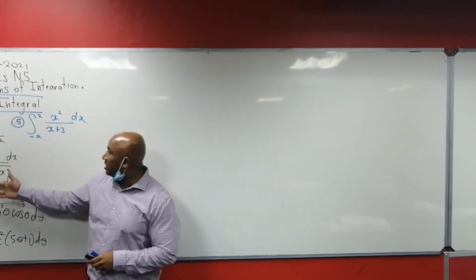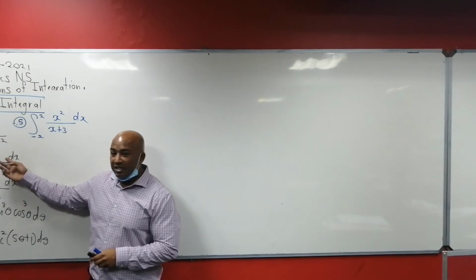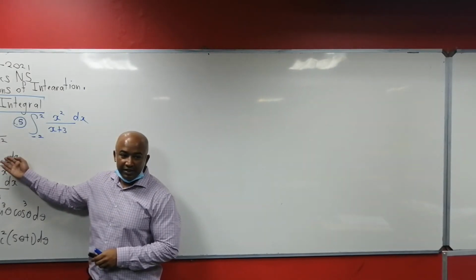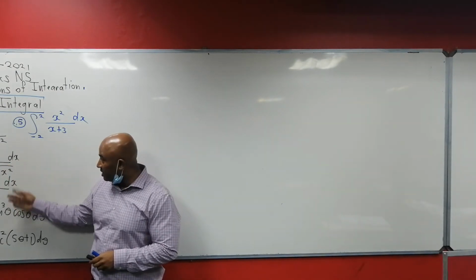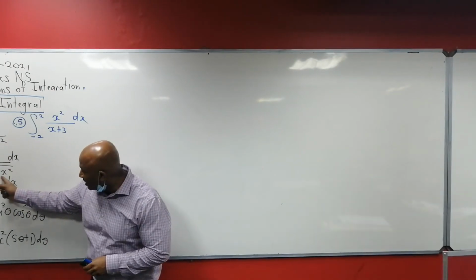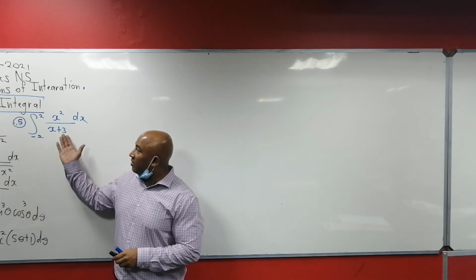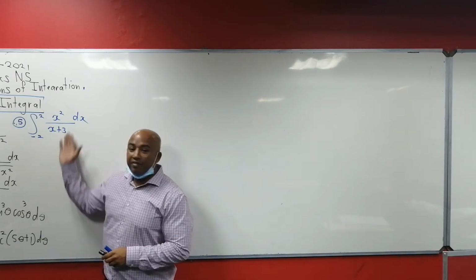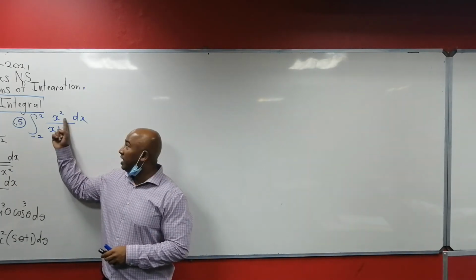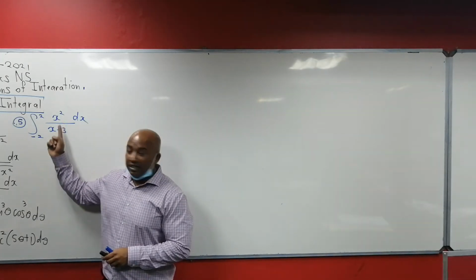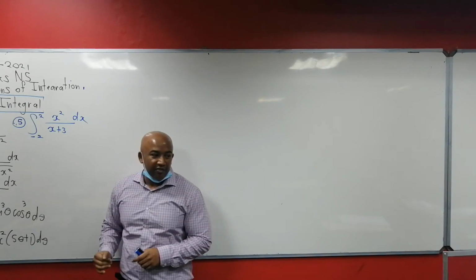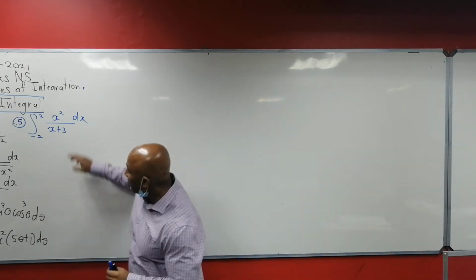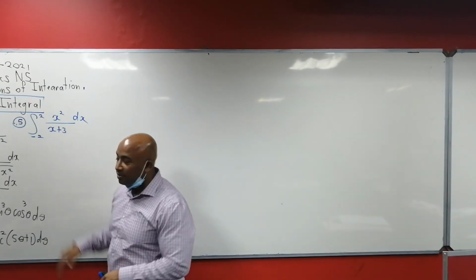If you have a fraction where there is no exact derivative, then it could be trig substitution, like example 22, example 3 here. Now this is a fraction, but you have x on the top also, in fact there's x squared on the top. But the fact is you're always checking, is the top a derivative of the bottom?